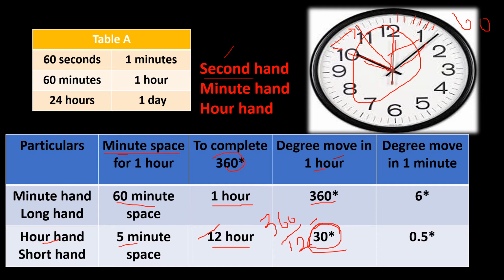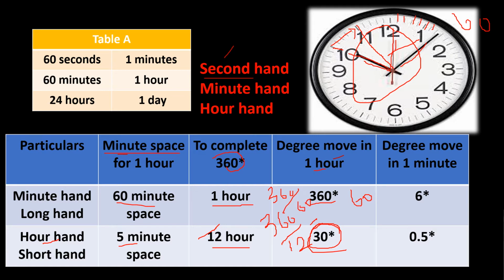Now the degrees moved in 1 minute. We know that there are 60 minutes in 1 hour, so 360 divided by 60 gives you 6 degrees.